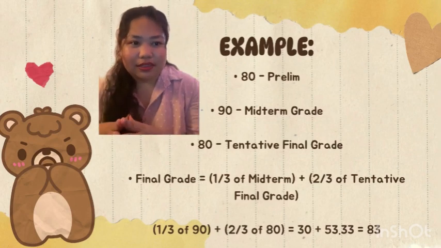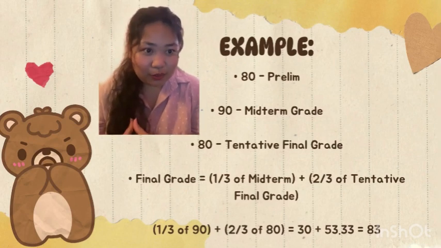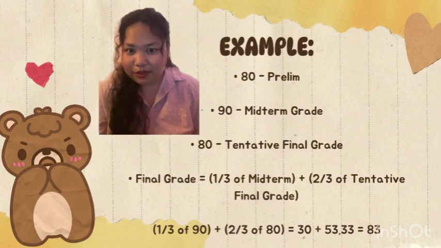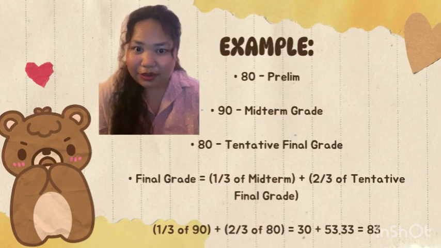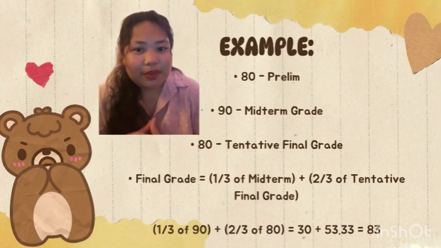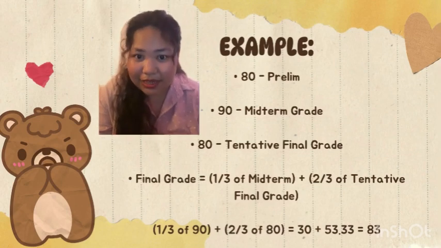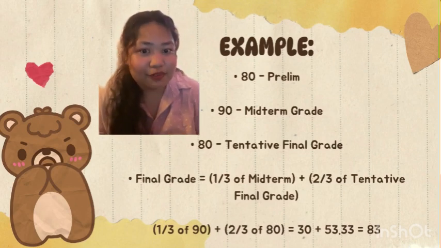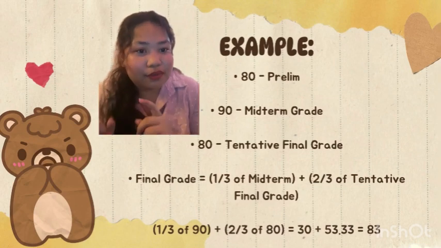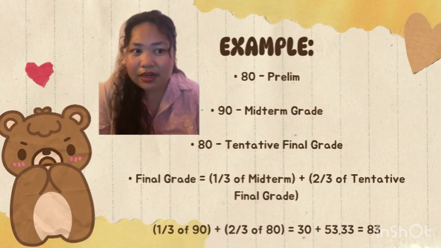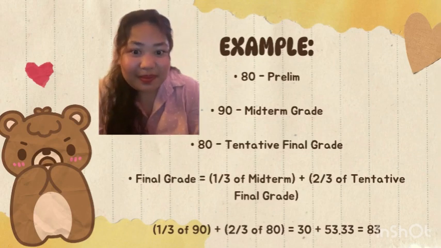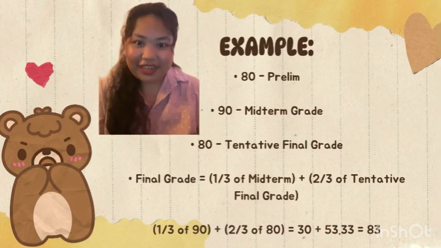Now that we figured out the 1/3 and 2/3 of the midterm and final grades, we will be using the formula and calculating our final grades. So 30 plus 53.33 equals 83. So 83 is our final grade, because again, the formula was the final grade equals the 1/3 of midterm added to the 2/3 of tentative final grade. Okay, get it? Very good.